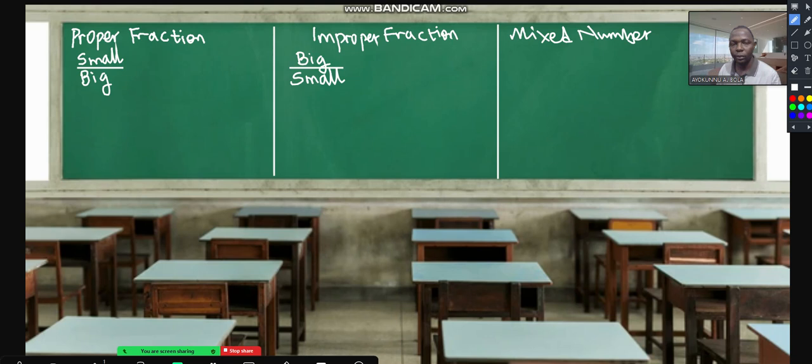But when there is a whole number, and then a number on top of another number, that is a mixed number.